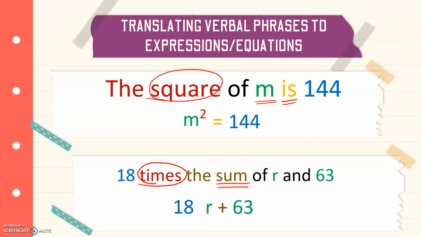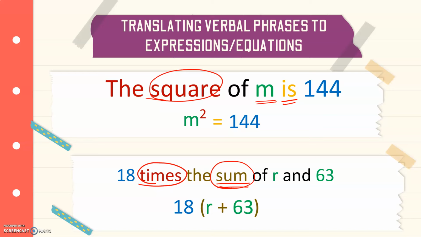Now remember, in GEMDAS, multiplication should be performed first before addition. But in here, again, we are asked to find first the sum so that we can multiply it to 18. So in this case, we have to make sure that addition should be performed first. How will we do that? We will put them into group.